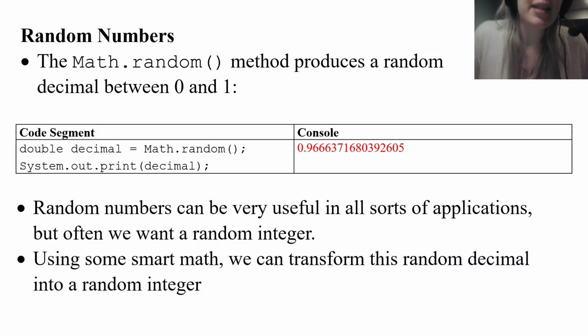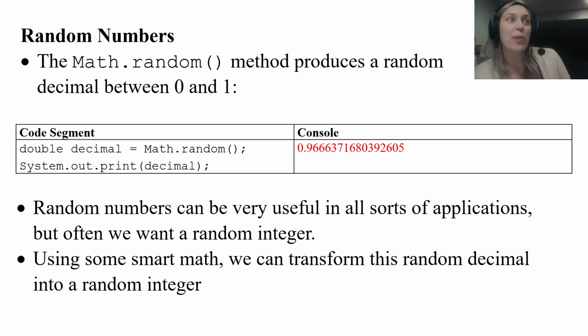That's what the next few examples are going to take us through: how we can use some smart math to get a random number that we want. Like if my program needs a random number between 50 and 100, how can I use Math.random to get it?